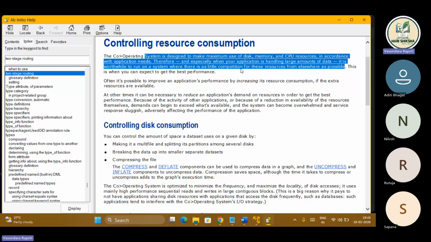Competition means deadlock should not happen for the resources.